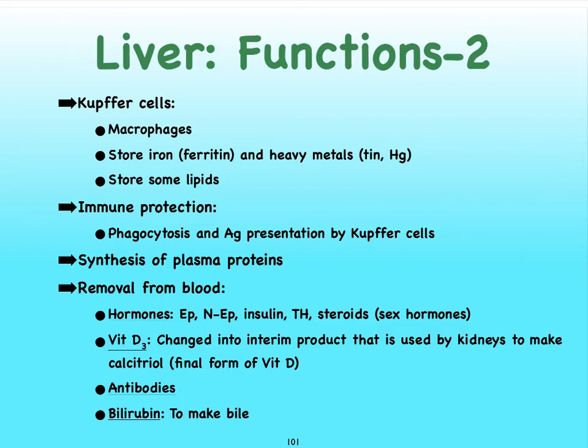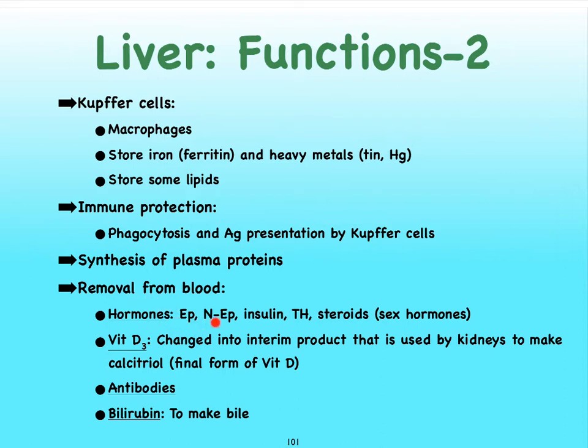Don't forget that our liver is very much involved in the synthesis of plasma proteins, and it's going to remove a variety of things from the blood in addition to the nutrients we've mentioned and drugs and alcohol and toxins. It's going to play a role in removing hormones. Hormones do not stay in our bloodstream forever.